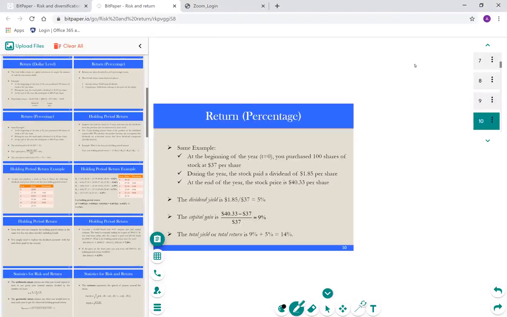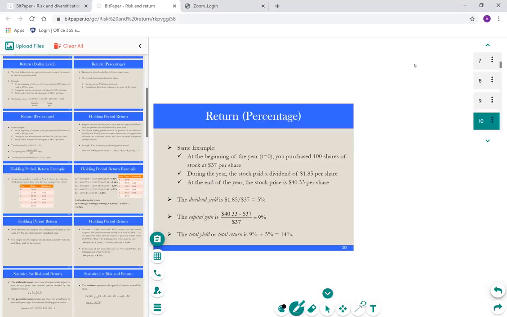So that exercise can be shown here. You can see that the dividend was $1.85, so the dividend yield is $1.85 divided by 37. That's shown right here. The capital gain: the price that you bought the stock for was $37 per share. After 1 year, the stock price had gone up to $40.33 per share.